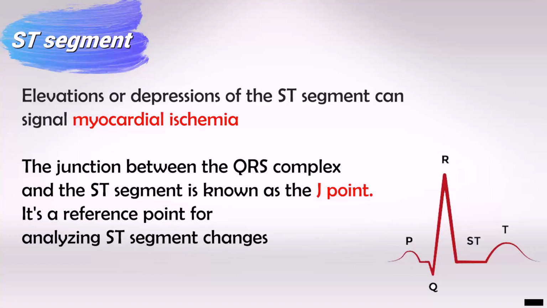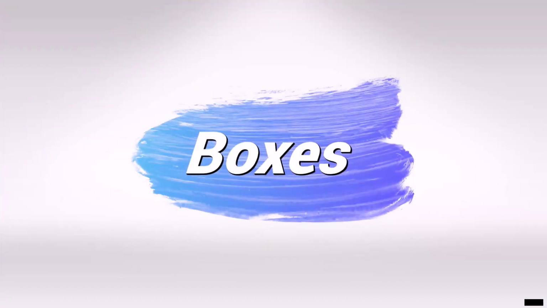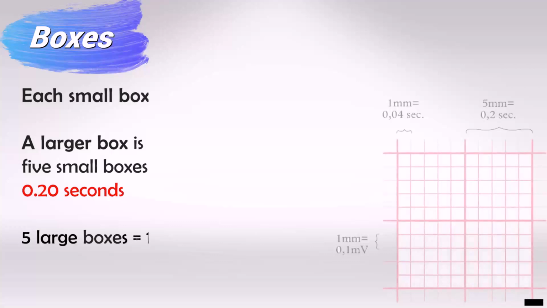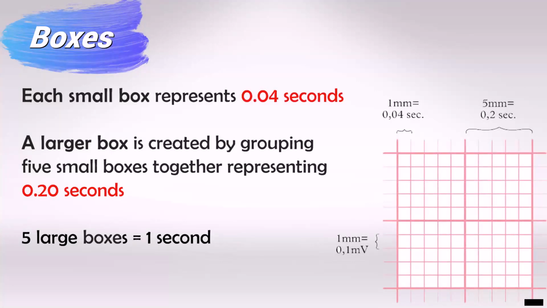We rarely see them, and you shouldn't worry about them as exam makers rarely ask about them. But very importantly, you need to know the boxes or the durations. These are very important in calculating the duration and the timing of each wave. Each small box is 40 milliseconds or 0.04 second. If you group 5 of them together, you will have a larger box, which indicates 0.2 seconds, and 5 larger boxes indicates 1 second.